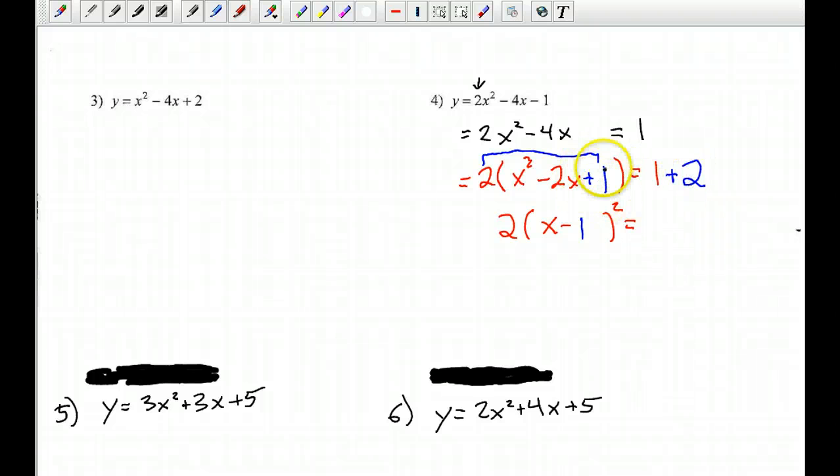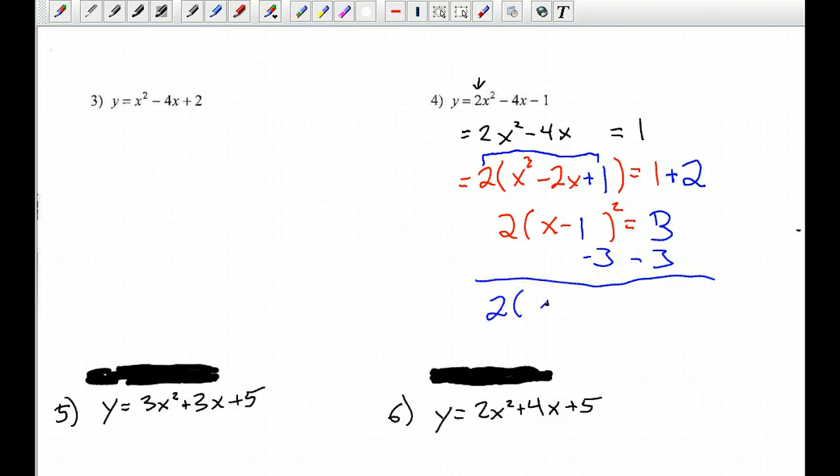Instead of just being the same thing, there's a number out front. So it's kind of the same but different. Negative 3. Now the nice thing is the vertex is still these two numbers. Okay, so let's go ahead and move back over.